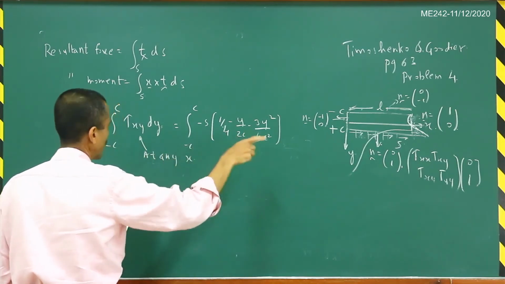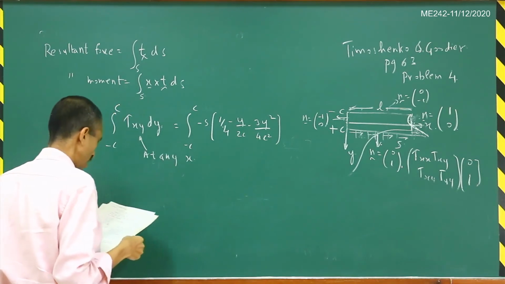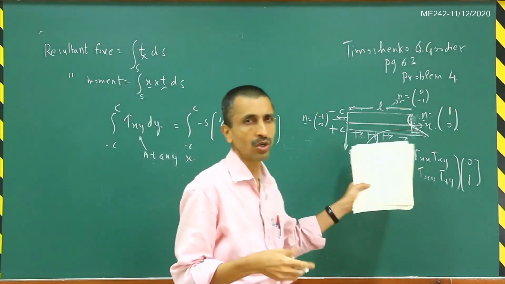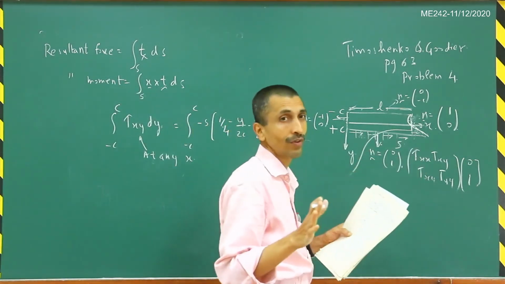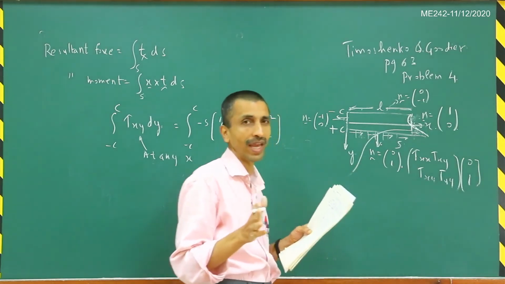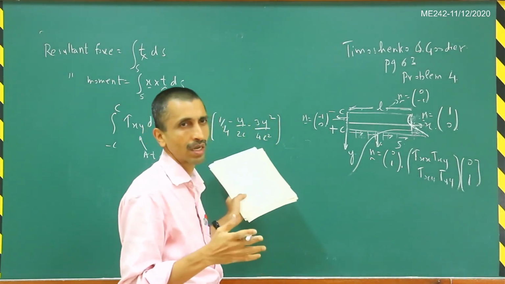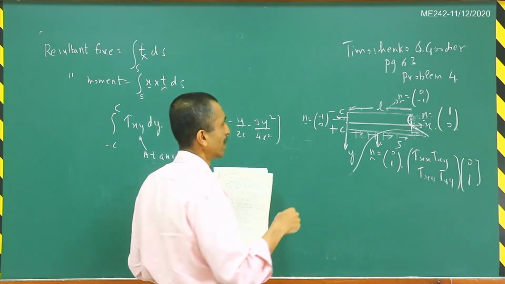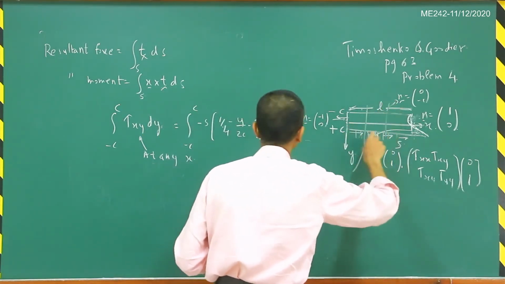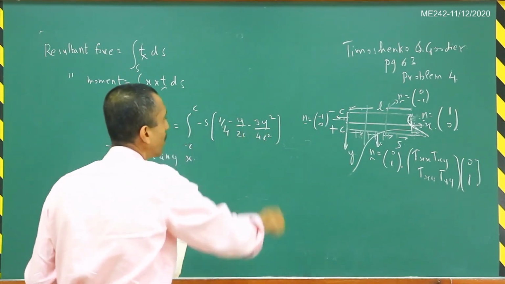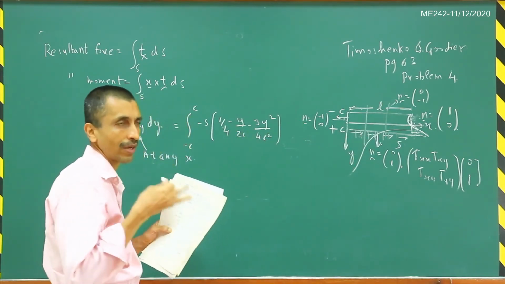Because this tau xy doesn't depend on x. Typically we would have to calculate it at some given x when it is a function of x, but in this particular special case, it doesn't depend on which x you are computing it at, because it is independent of x. So it's the same at all sections.